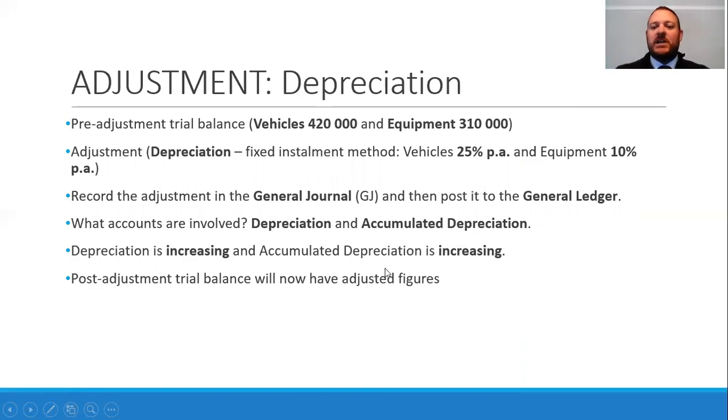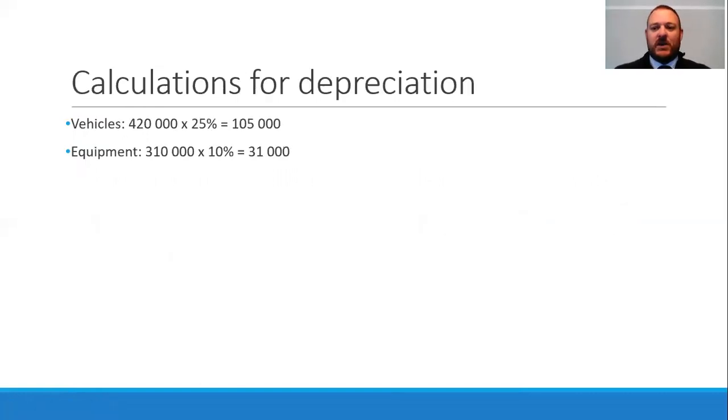The accumulated depreciation account is also increasing. We know that depreciation is an expense. We know that accumulated depreciation is a contra asset account. So it's found in the balance sheet section and it has a credit balance. Right. And then, of course, once those adjustments are done, you will then have a post-adjustment trial balance.